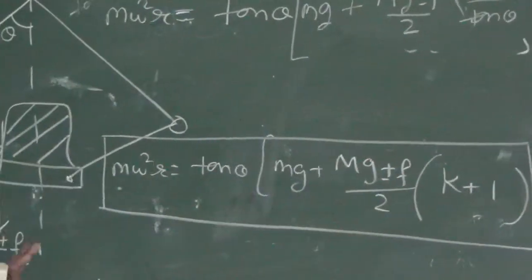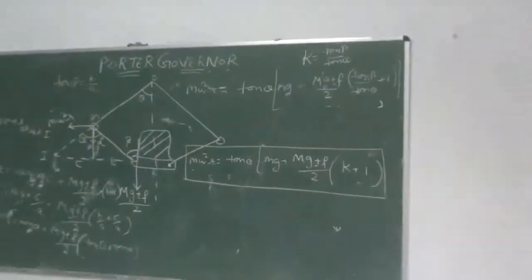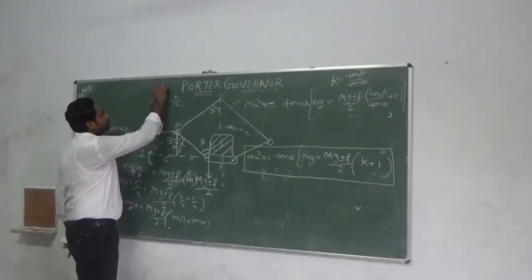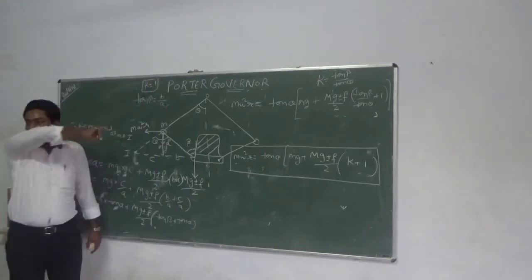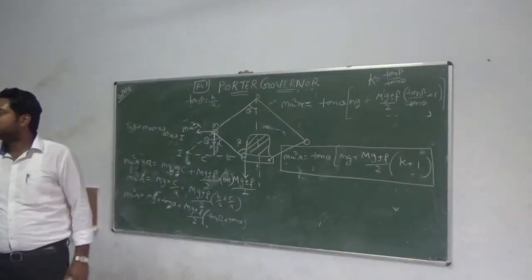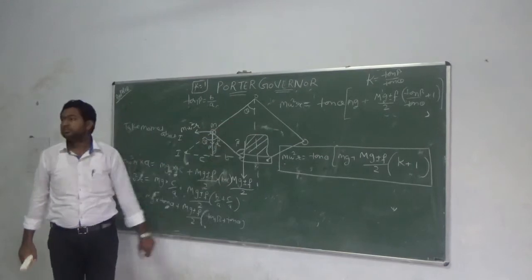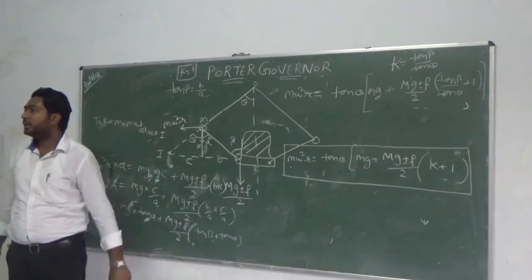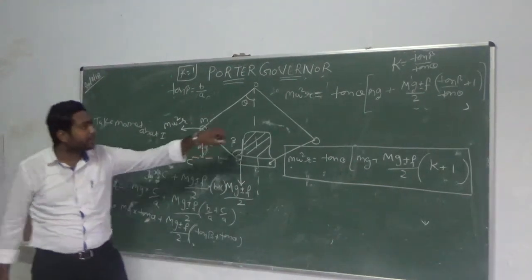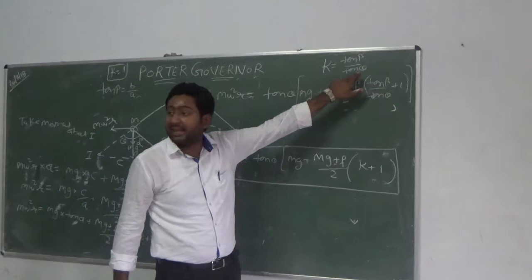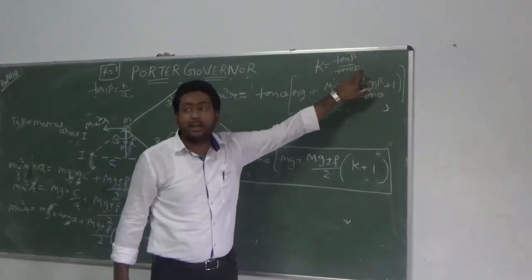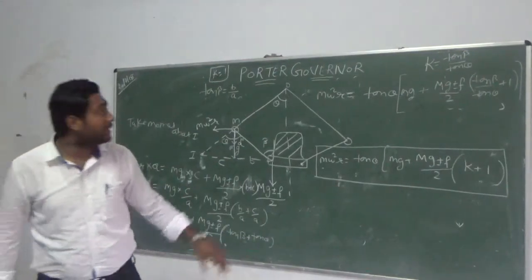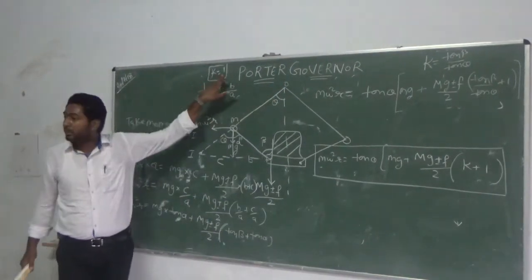So when the value of k is 1, from this diagram, what is k? Tan beta upon tan theta. When both angles are equal, then the value of k is equal to 1.